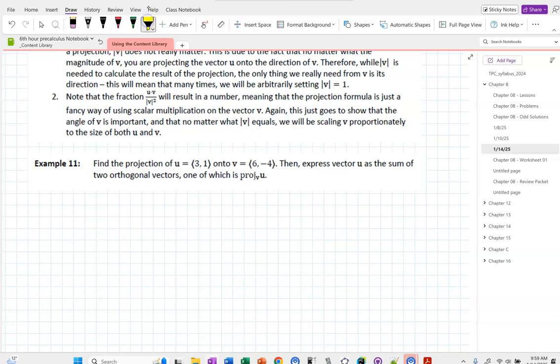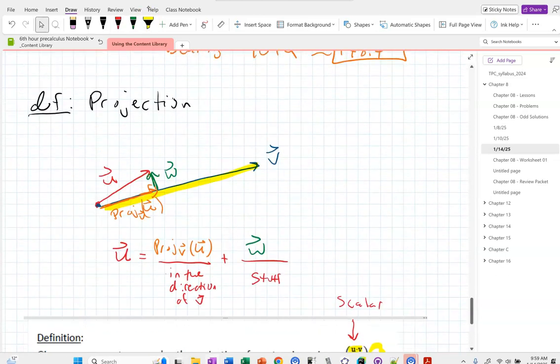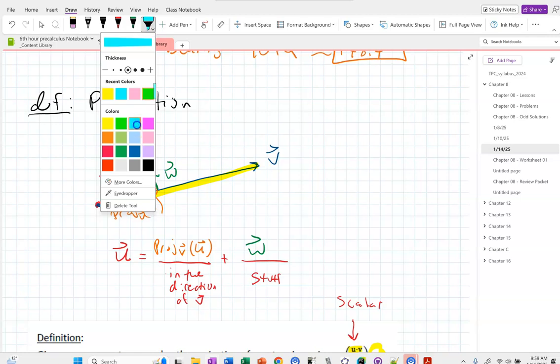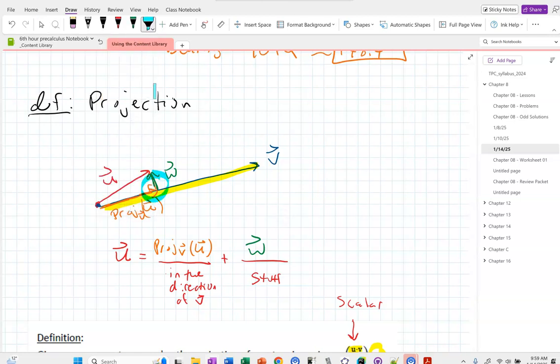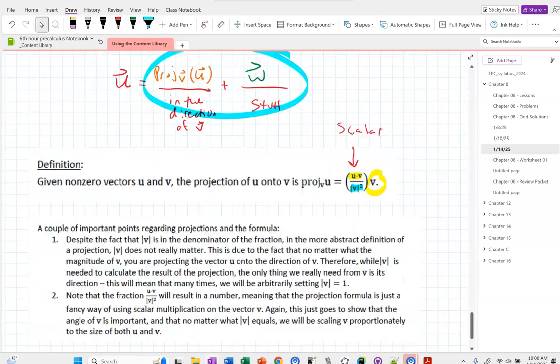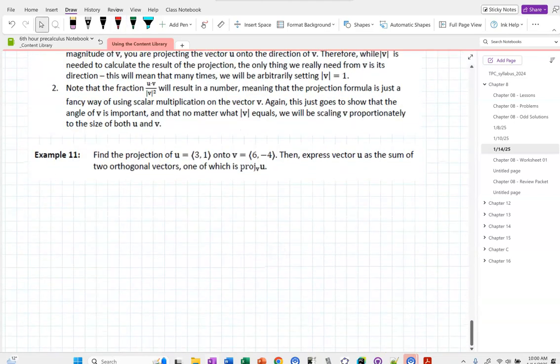That's fine, right? When we drew the picture, there was a right angle here, so all we're really looking for is to write u this way. To start though, let's just start by finding that projection.